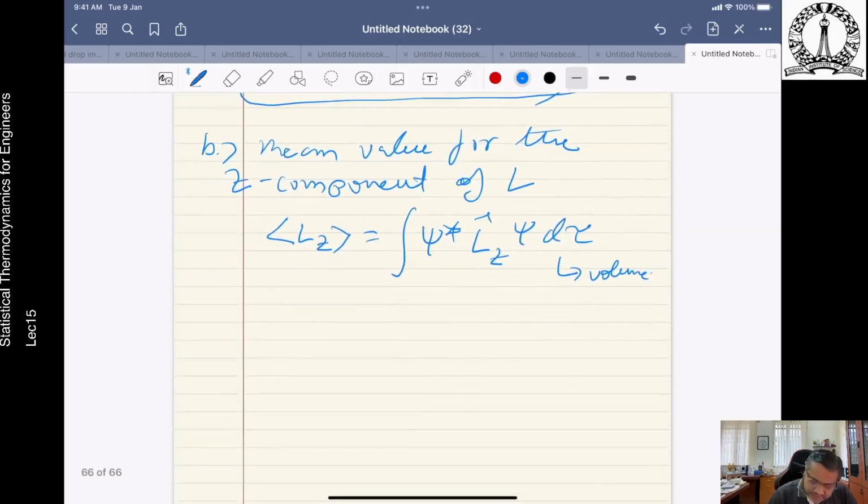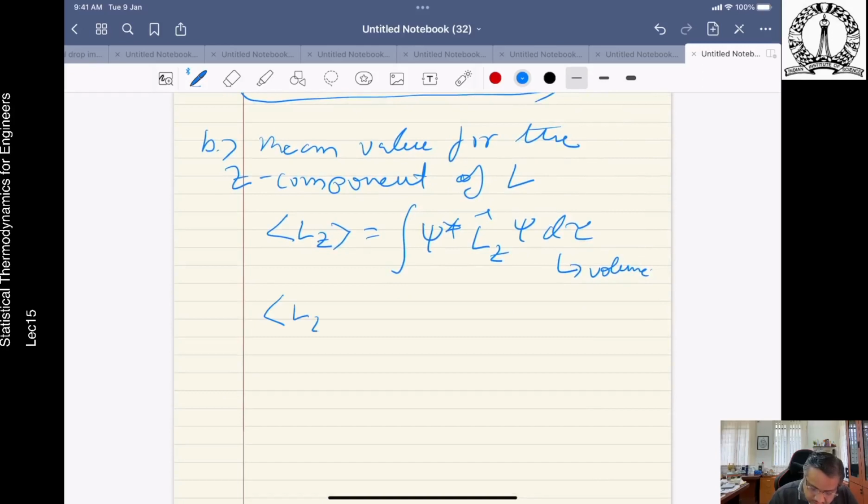So in essence, d tau is basically a triple integral: psi star Lz hat psi dx dy dz.